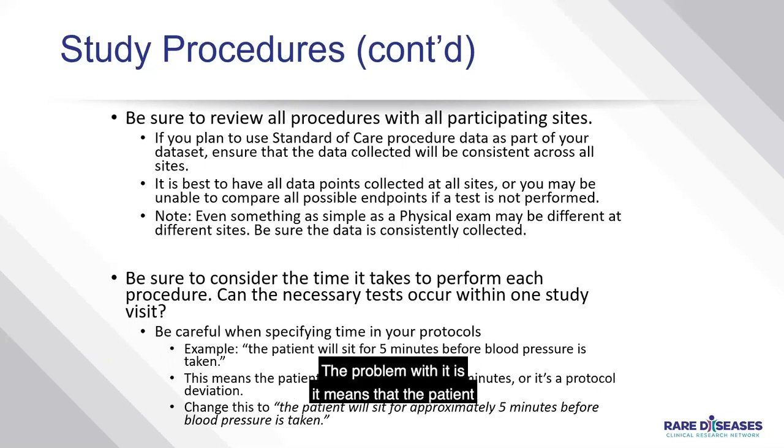The problem with it is it means that the patient has to sit for exactly 5 minutes, or it is technically a protocol deviation. So what we would recommend is changing this text to the patient will sit for approximately 5 minutes before the blood pressure is taken. This is basically the same text, but it gets you out of a potential protocol deviation.